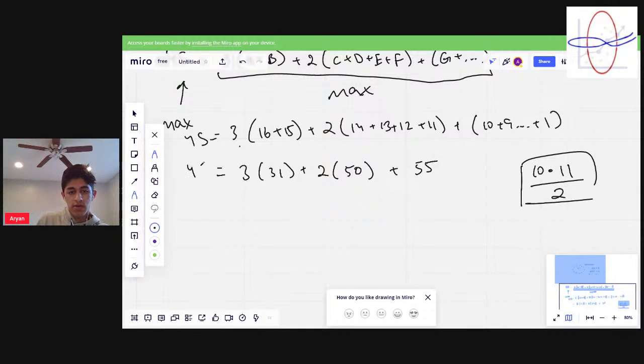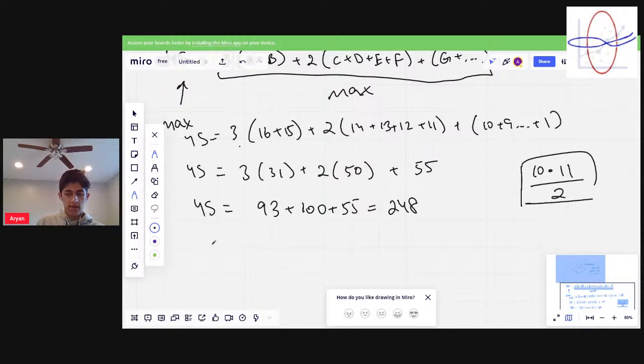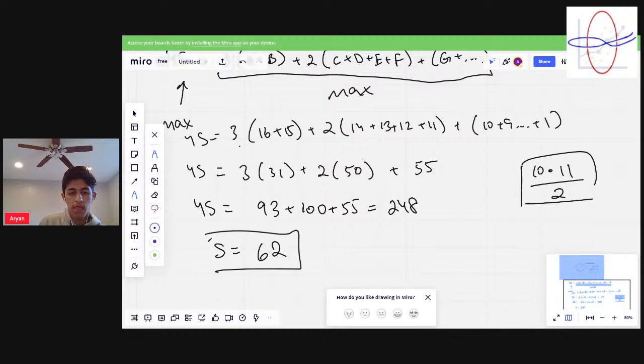So 4s is equal to 93 plus 100 plus 55, which is equal to 248. Dividing both sides by 4, we get s is equal to 62.